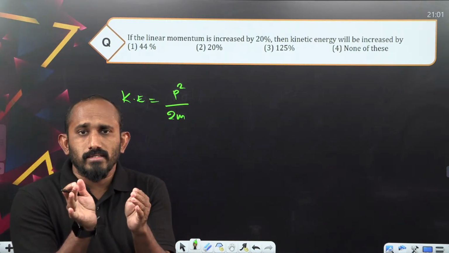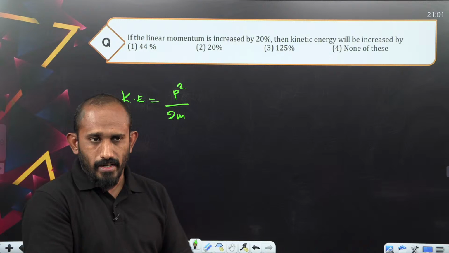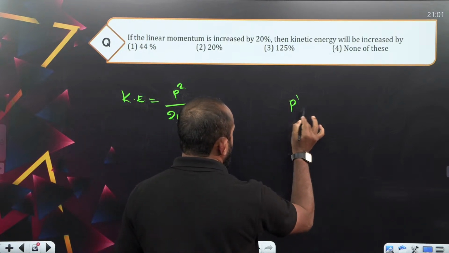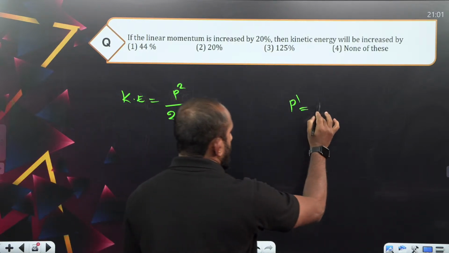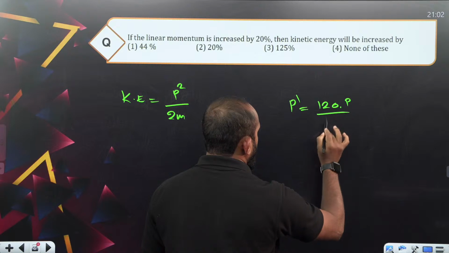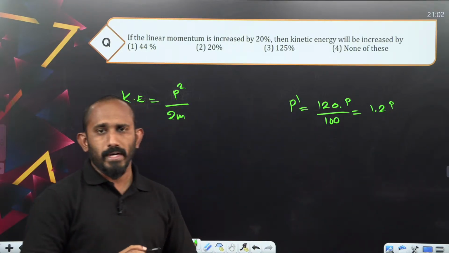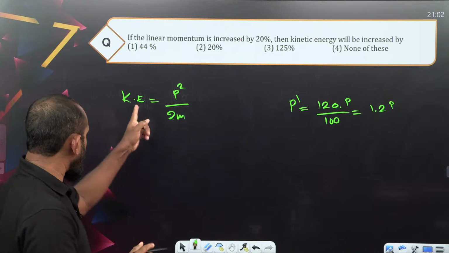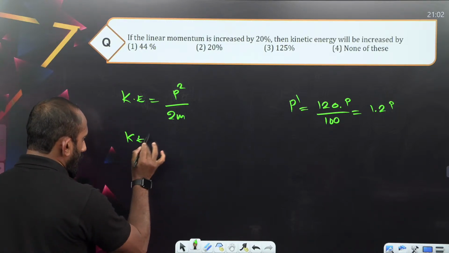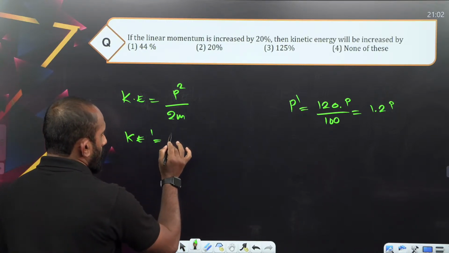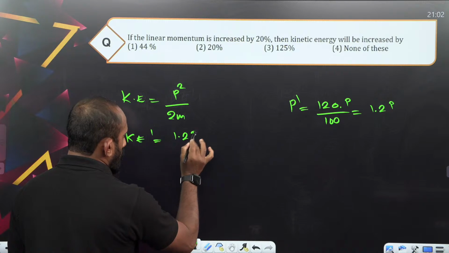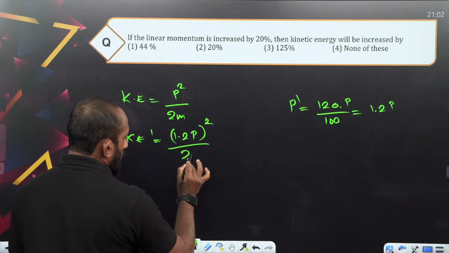If any quantity is increased by this many percent, then the new momentum P dash will be 100 plus 20, that is 120 P by 100. We can put it as 1.2 P, which will be the new momentum P dash. So the new kinetic energy KE dash will be equal to P dash square, that is (1.2 P) the whole square by 2m.